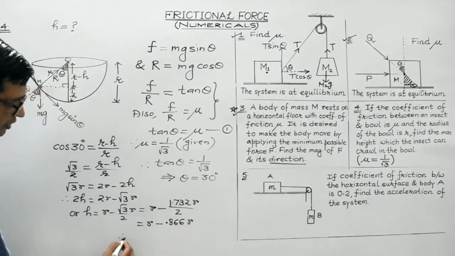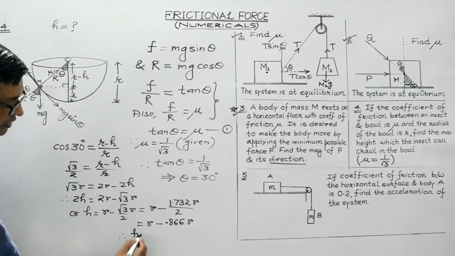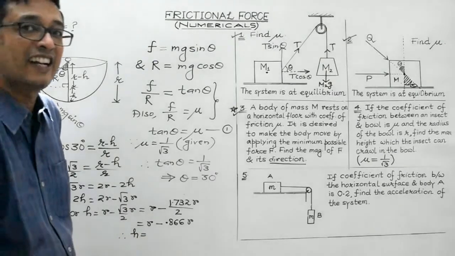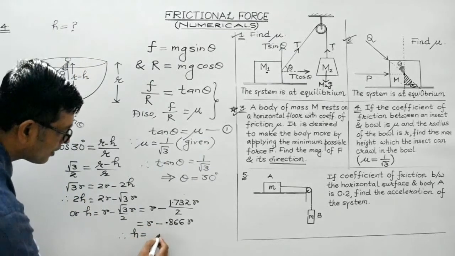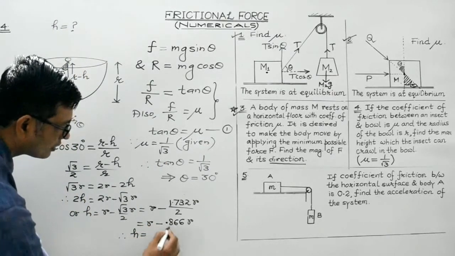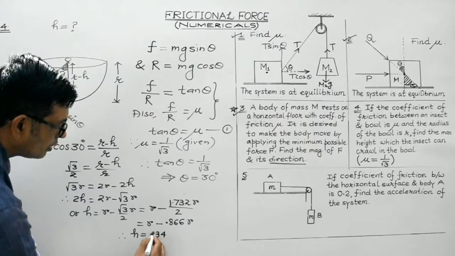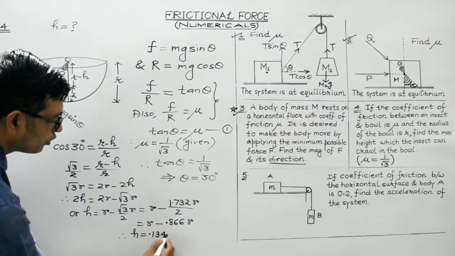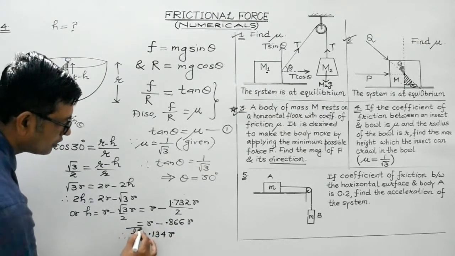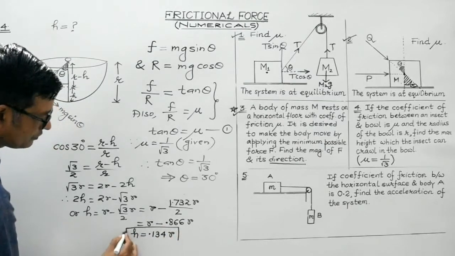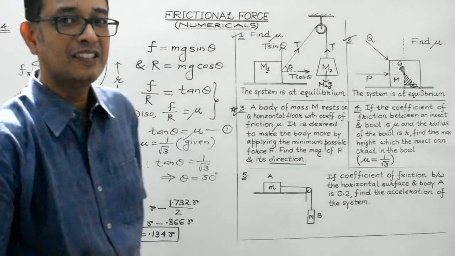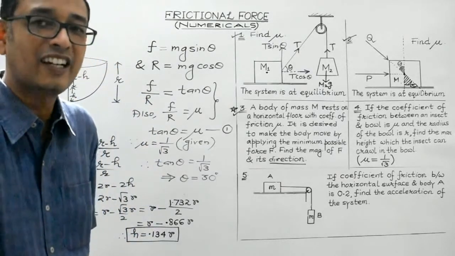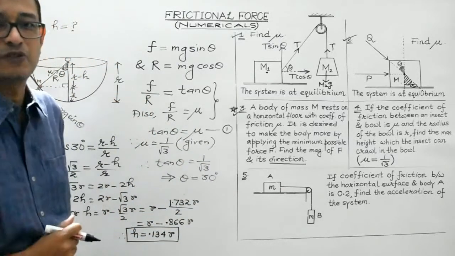So therefore students, the maximum height up to which the insect can crawl in the bowl is 0.134 r. Right? So this is the answer. This is the maximum height up to which the insect can crawl on the surface of the bowl.